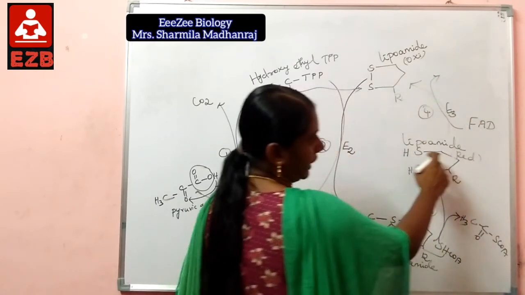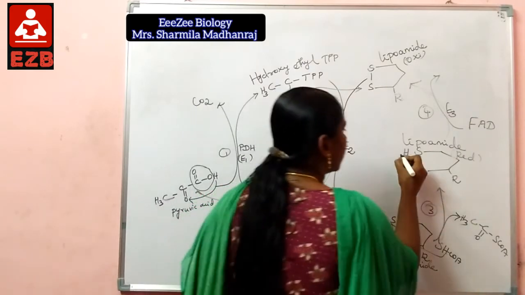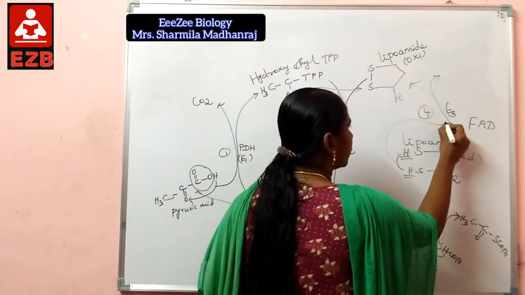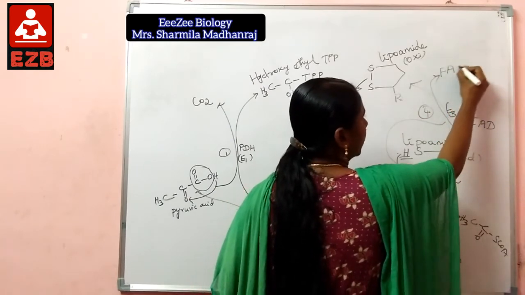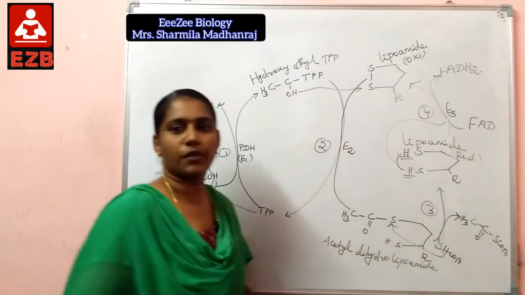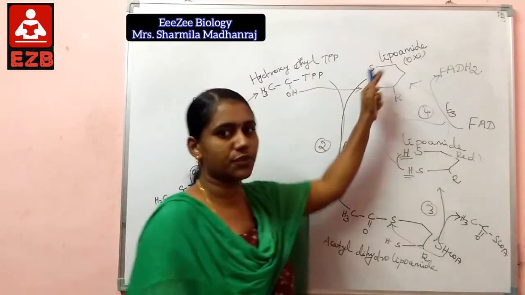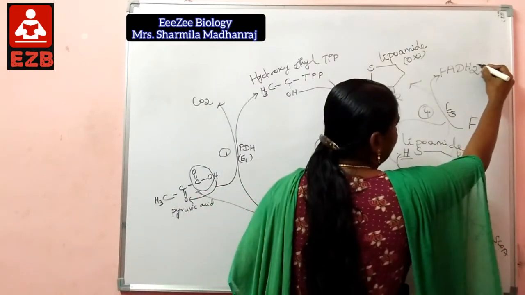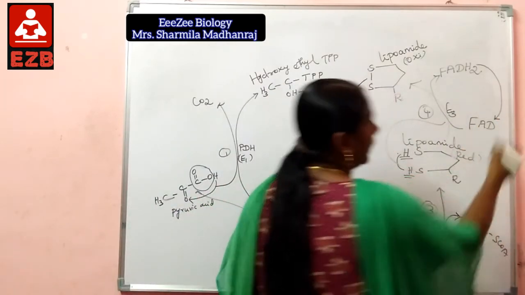From the reduced form of lipoamide, two hydrogens are joined to FAD, so FAD is converted to FADH2. The reduced form of lipoamide is converted to the oxidized form of lipoamide. Next, FADH2 is again converted into FAD.